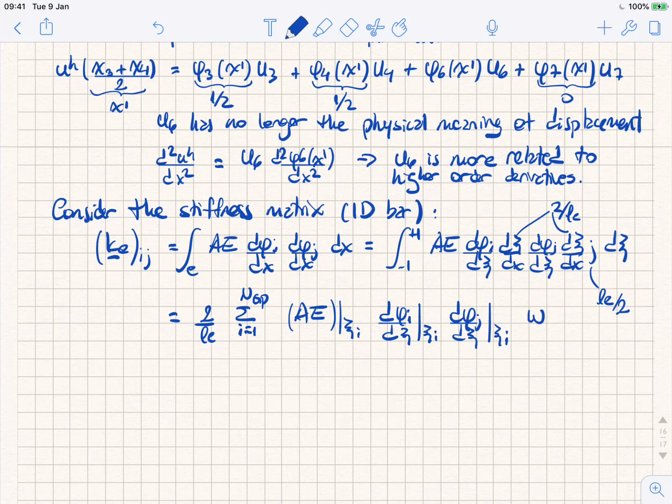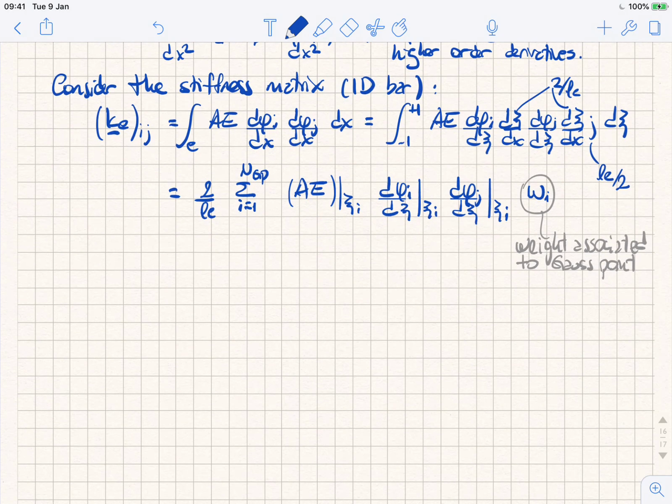That is not the weight function again, it is the weight associated to that Gauss point, W_i. And again, how many Gauss points do we need? N Gauss points.